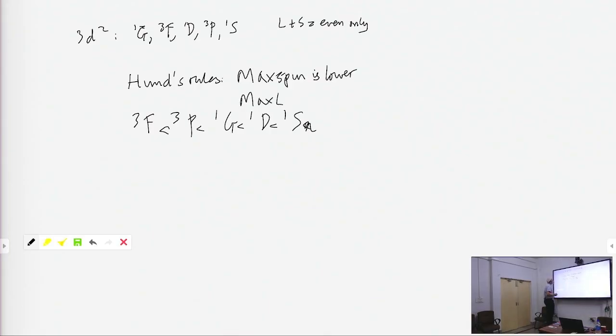Then it asks you to give J values. So singlet G, what J values can you have here? So you've got L equals 4, S equals 0. What's J? 4, thank you.